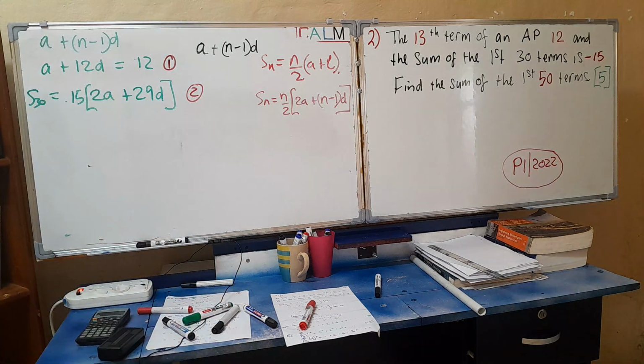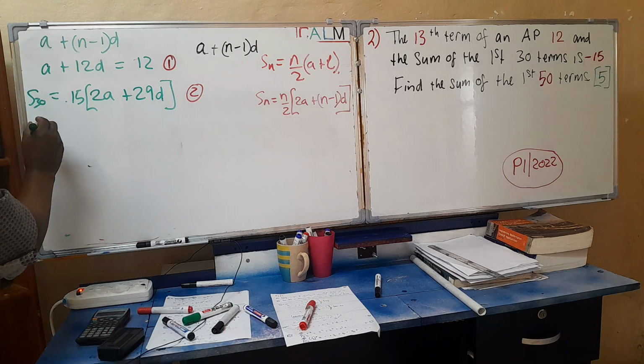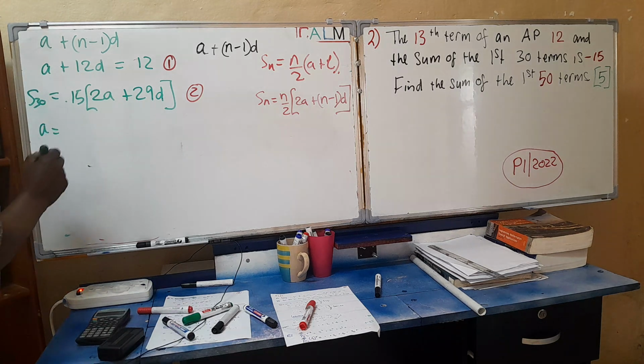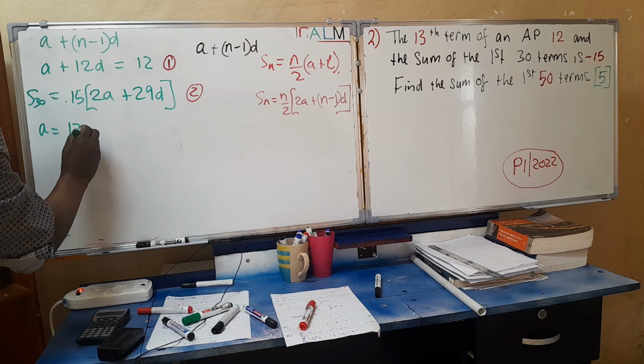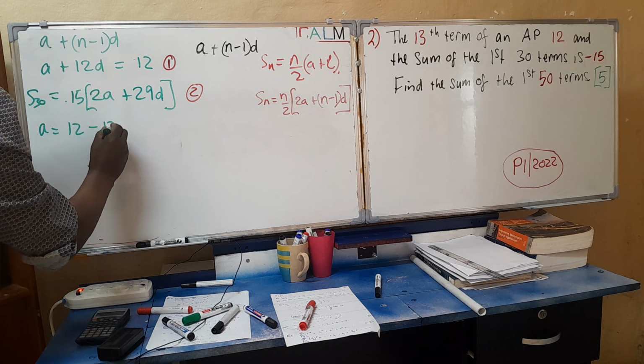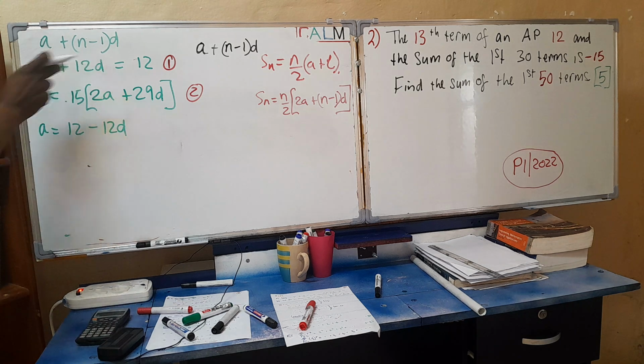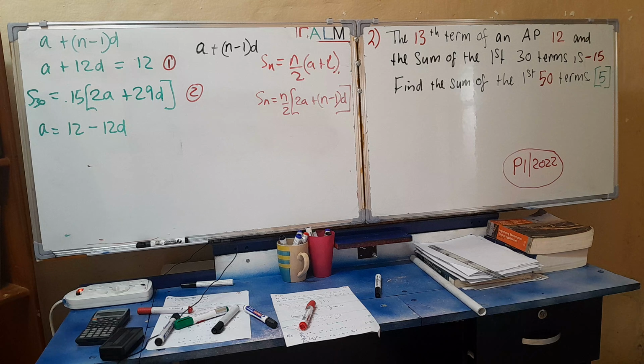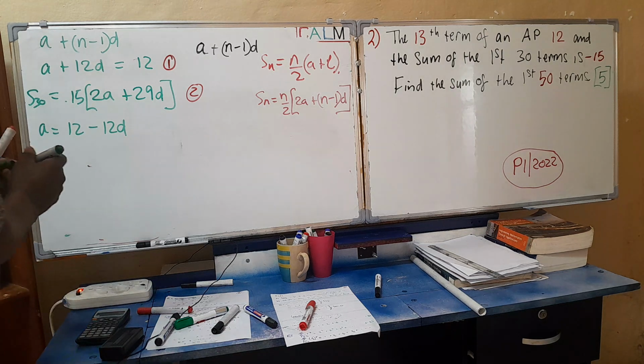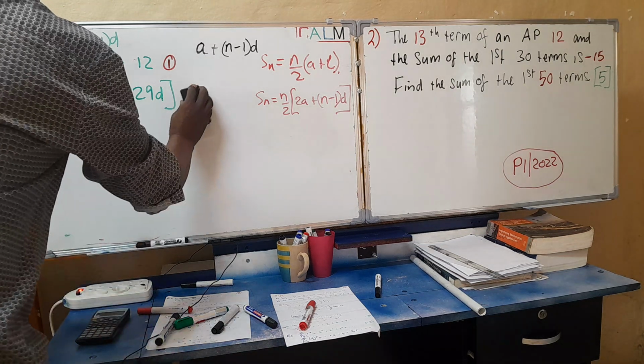Right. From equation number 1, we can say a is equal to 12 minus 12d when I take the 12d to the other side. Okay, so I can substitute it in equation 2. I will then have, sorry, we forgot to write this thing here.